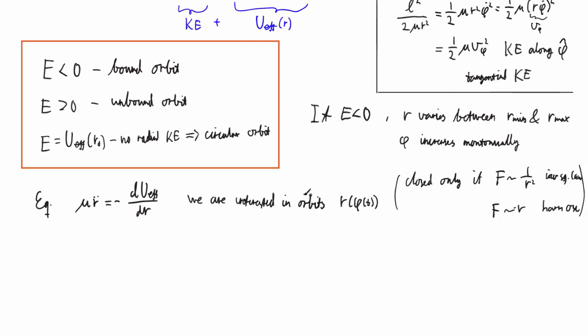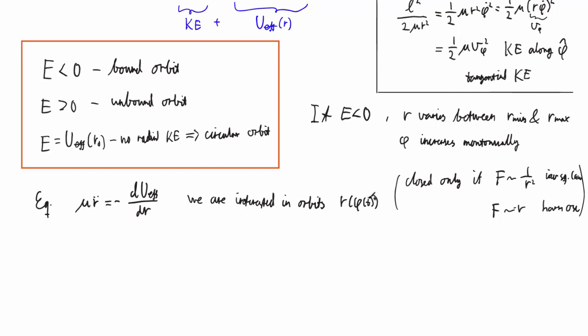If you don't have that, you don't have closed orbits. But these are the two cases we're going to work with, so we can assume that the orbits are closed. So in any case, we are interested in finding the orbits r of phi, and phi will then be the variable that depends on time.